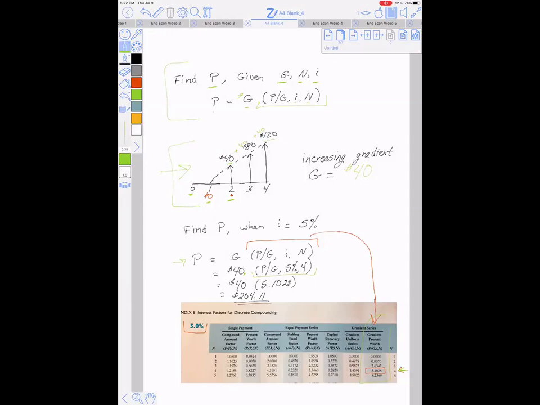And the factor is 5.1028. So the amount of the gradient times that one factor from the table equals the present value of that whole stream of cash flows that increase at a set amount each year.